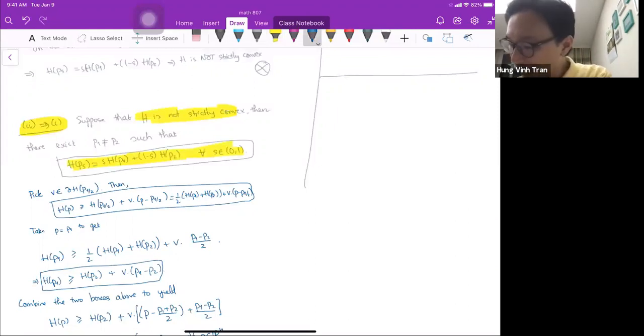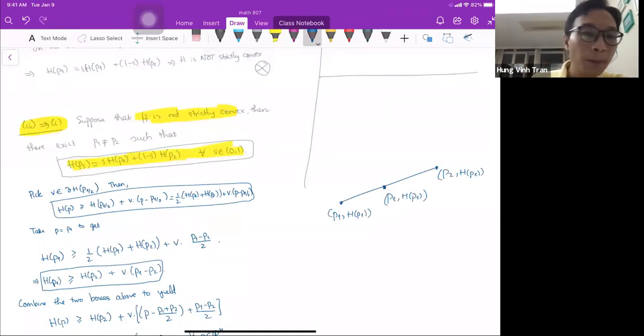So what we are saying here is that if you connect the 2 points on the graph, P1, H of P1, with P2, H of P2, then everything in between is exactly P, H of P. So it forms exactly a line segment in terms of the graph of H. Because we assume that it's not strictly convex, we want to come up with a contradiction.